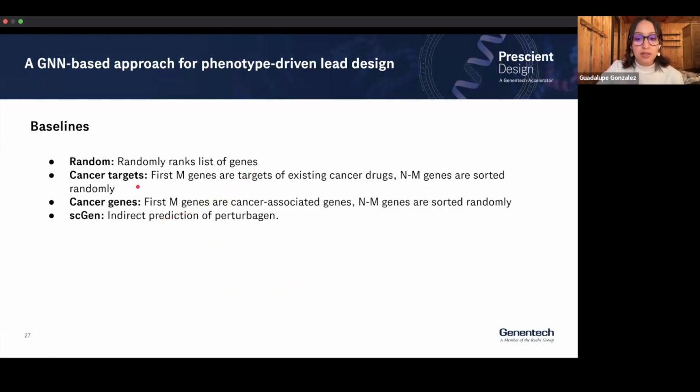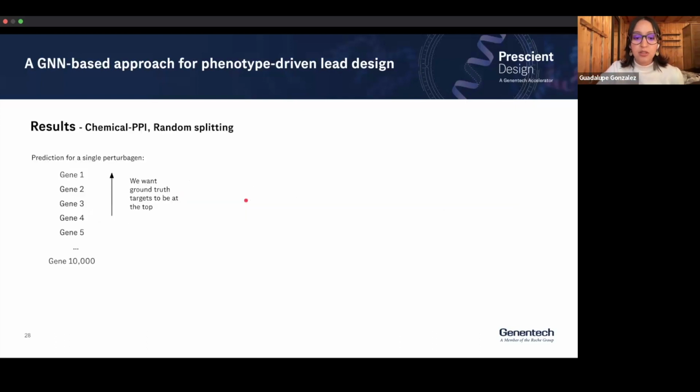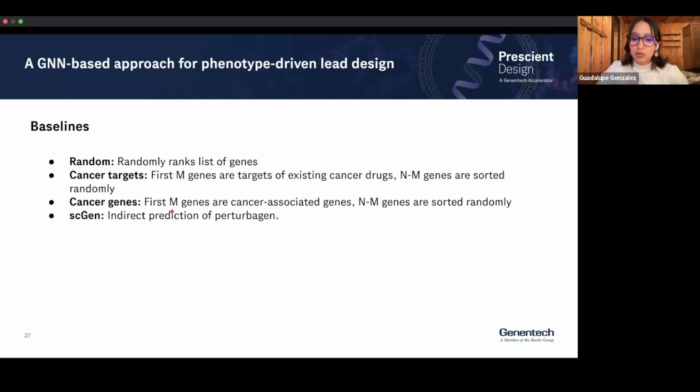The cancer targets baseline puts the first N genes as the targets of existing cancer drugs, and the remaining ones are sorted randomly. The cancer genes baseline does similar work, except the top ranked genes are the ones that are cancer associated, so cancer causing genes. And finally, we also compare with Estigen, which is a response prediction baseline.